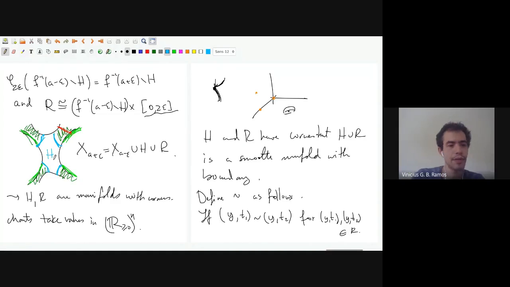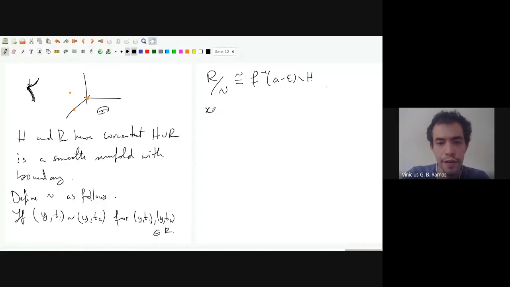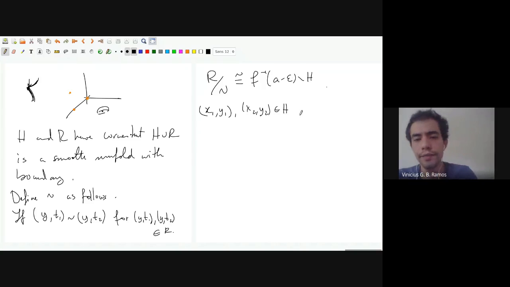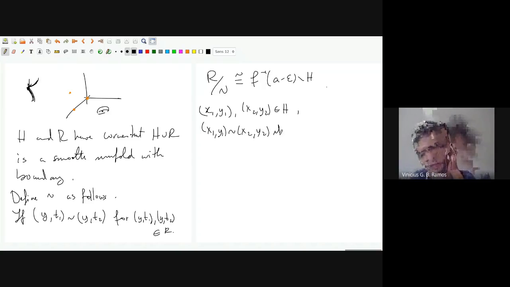So on H, I'm going to define this relationship like this. If I have x1, y1 and x2, y2 in H, I'm going to say that x1, y1 is equivalent to x2, y2 if, first of all, they are kind of on the boundary of H, but with respect to delta, the definition.